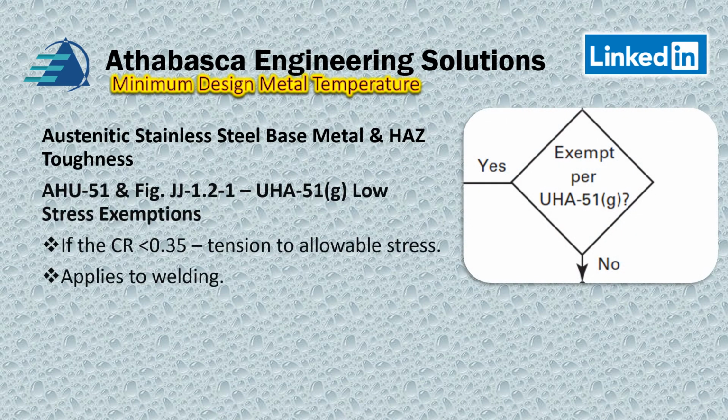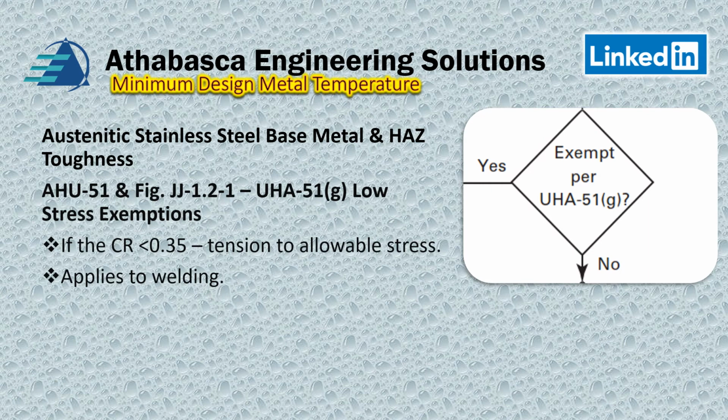The next thing they'll ask you is, is it UHA 51G exempt? So this has to do with a low stress, the coincident ratio or the low stress ratio. If it's a low stress part, then we can go with lower impact temperatures, okay?